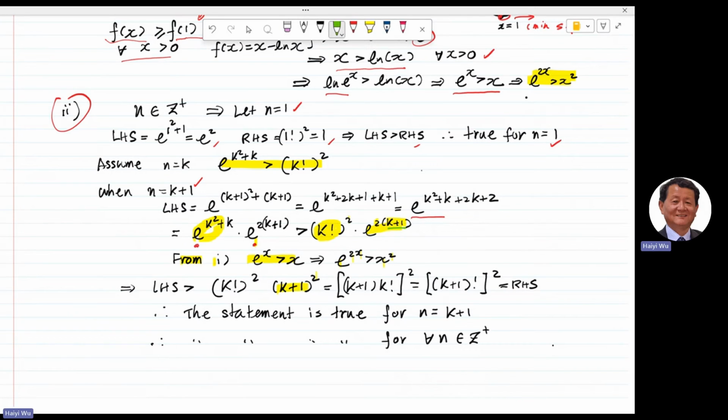Then we put together (k plus 1) and k factorial, squared, which becomes (k plus 1) factorial squared. So that's equal to the right-hand side. Therefore, the statement is true when n equals k plus 1. So the statement is true for any n, as long as it's a positive integer. QED.